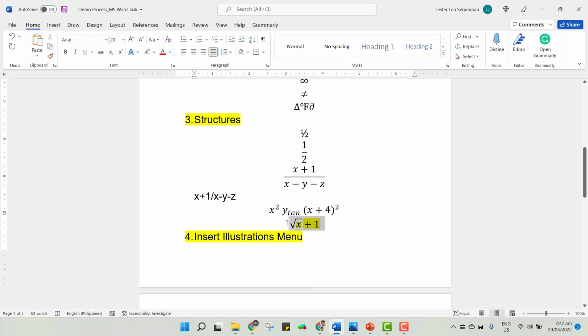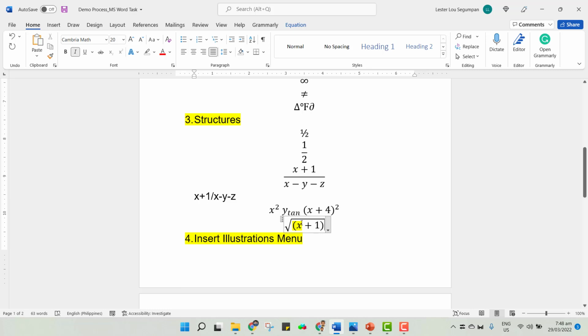If you look at this, supposedly you would like the binomial x plus 1 inside there as the radicand. So some of the teachers will just simply use this one, then plus 1, so that it can still follow as a radical. We can still do that if you would like to.